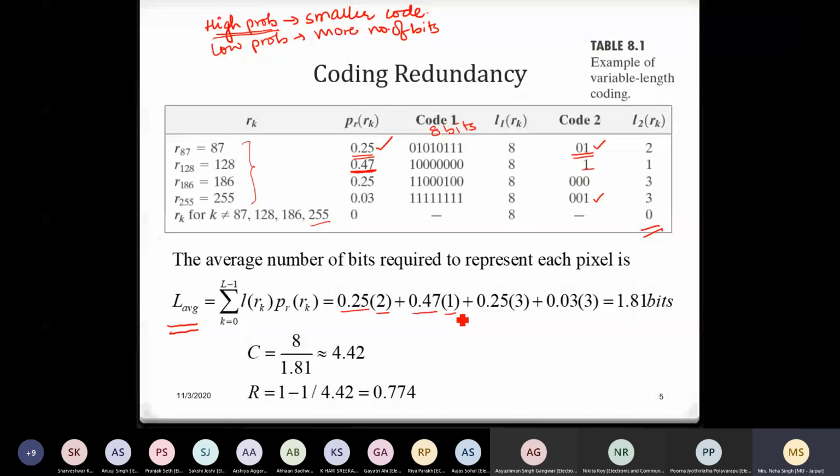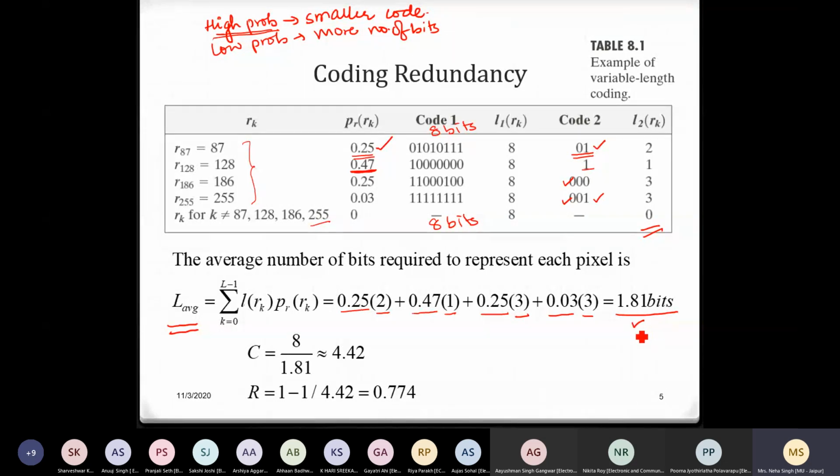Similarly 0.25 gets multiplied with 3 here, and 0.03 gets multiplied with 3 here. This gives me an average bit length of 1.81, whereas here the average bit length was 8 bits. So I achieved quite a lot of compression here: from 8 bits per symbol, I have reduced to just 1.81 bits.